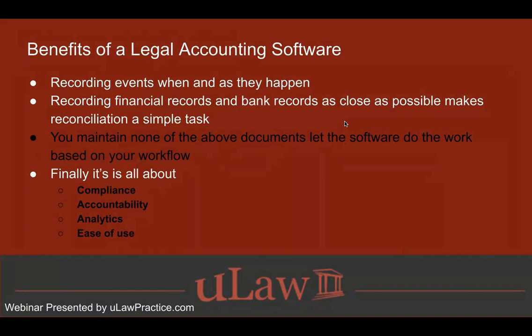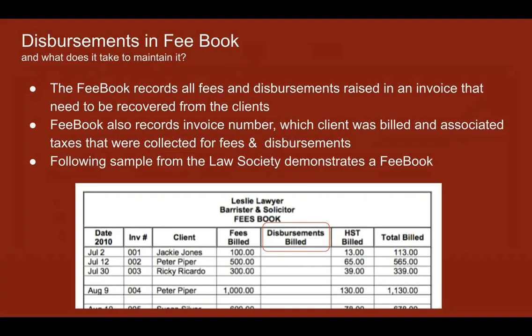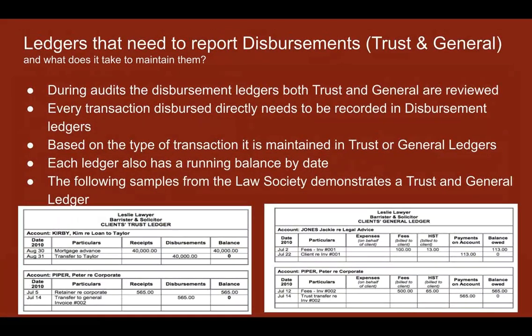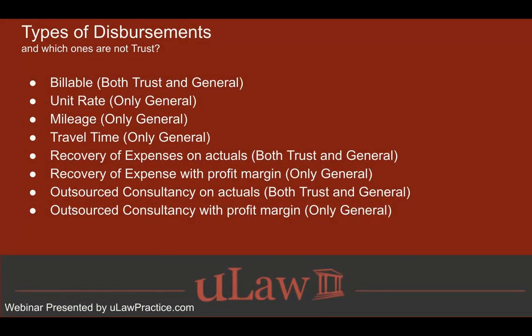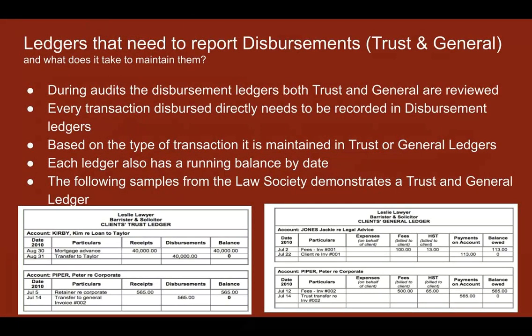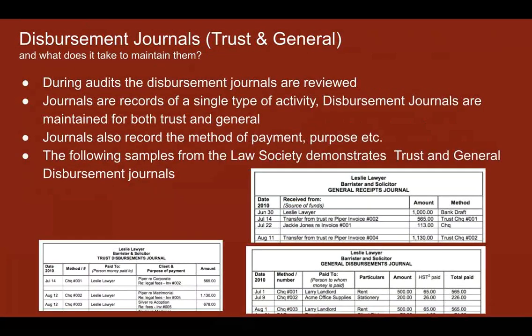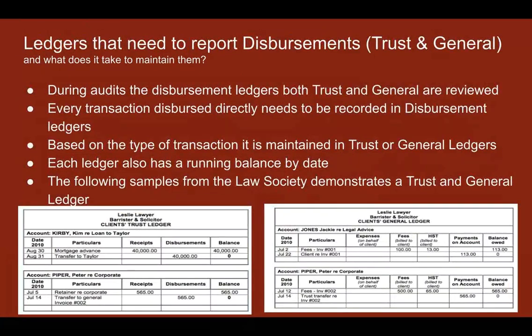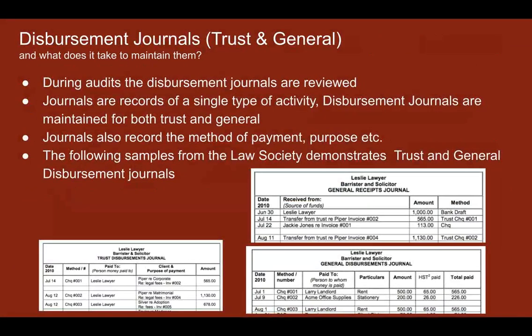So there are numerous documents that can showcase details regarding disbursements. One such document is the ledger. You have the trust ledger and general ledger, so that becomes 2 documents here. And over here, journals are 4, trust and general.